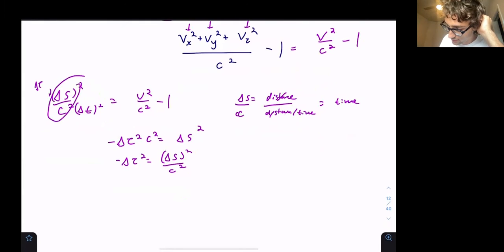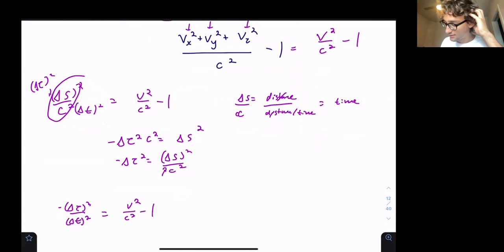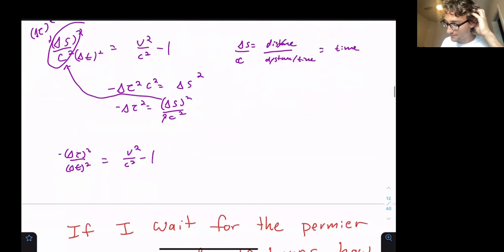All I did was substitute this delta s squared over c squared into here. I just call it minus delta tau squared.